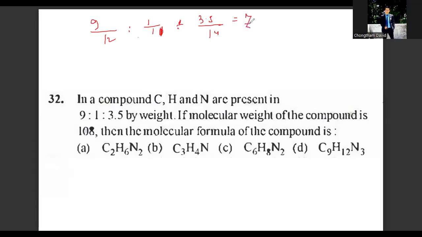So the value would be equal to 0.75. So if you take the simple whole number ratio, it will be 3 is to 4 is to 1. So empirical formula will be C3H4N.